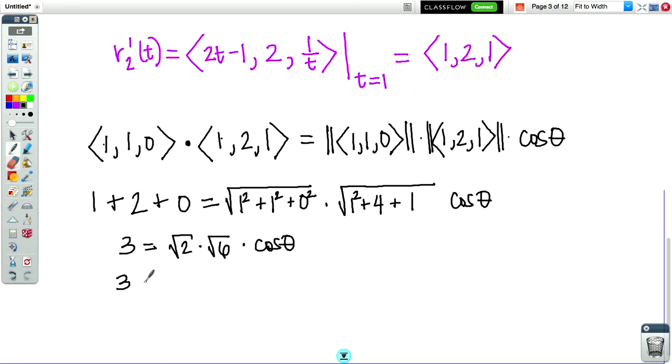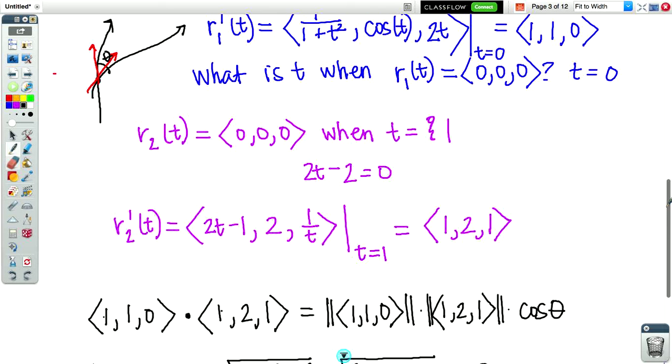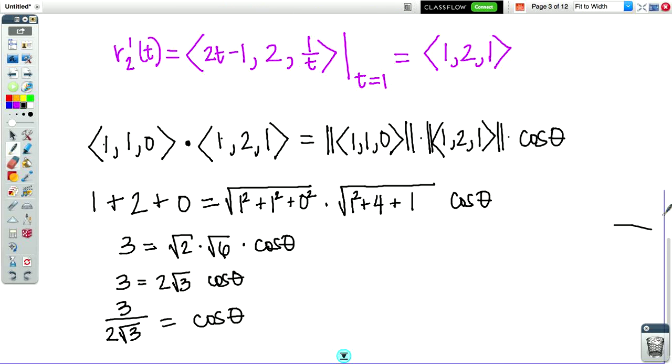Now all of this simplifies a little bit to 2 square root of 3 cosine of theta, and then I get 3 over 2 root 3 equals cosine of theta. I can't remember what I said in the problem. Did I say find the degree? Yes, find the degree measure of the angle between their tangent lines.